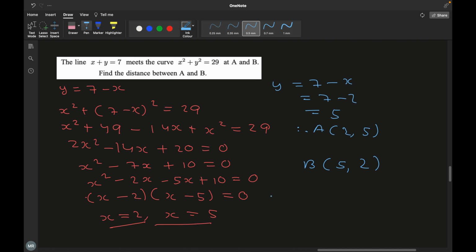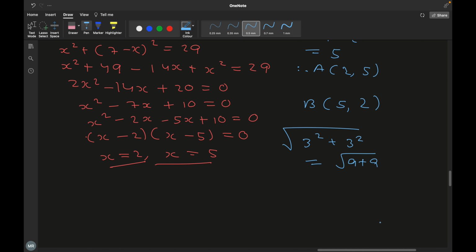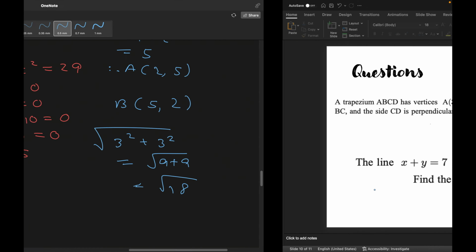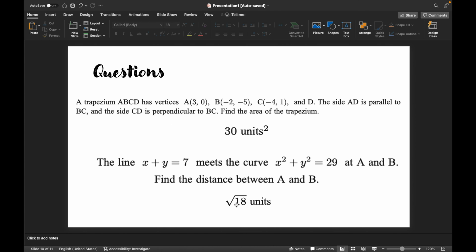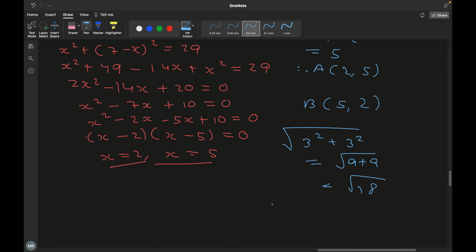Therefore the distance between them would be the square root of 3 squared plus 3 squared, that is the square root of 9 plus 9. That's the square root of 18. Let's see the answer. Yeah, square root of 18 units. So therefore we got it right.